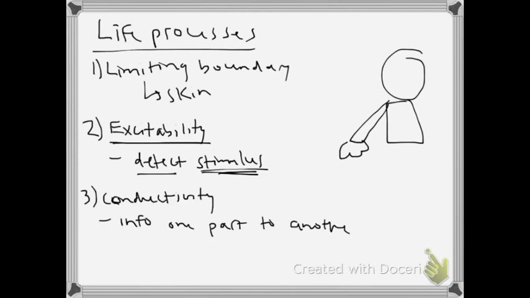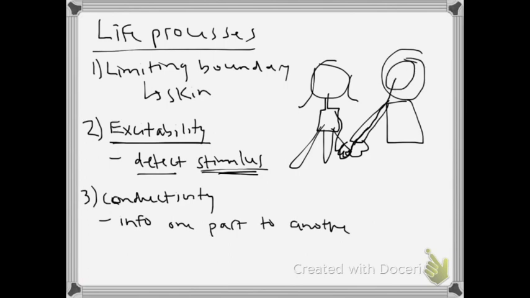Let's just say Bill is with his girlfriend Sally, and Sally is also holding his hand. Now he's touching it, he's felt it. Well, to get the signal that he's actually felt it, he's been excited, now he's conducting this signal up to his brain, and then his brain's going to respond to it. So we have two parts. We have the excitability, a stimulus is being detected, that's his girlfriend holding his hand, and then it's being conducted, traveling from one part of the body to another, in this case from the hand to the brain, where we can deal with that stimulus.